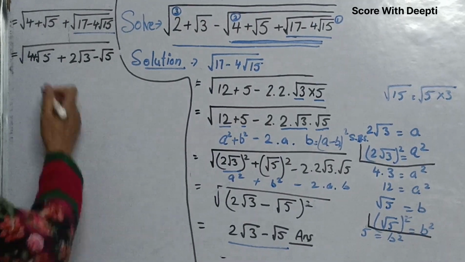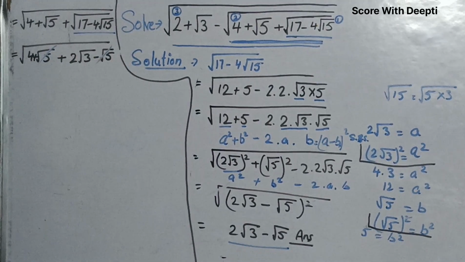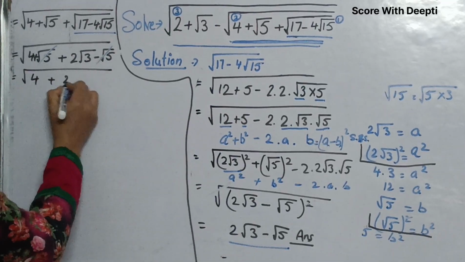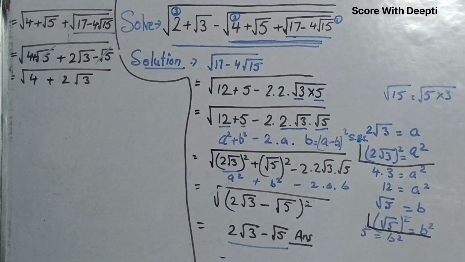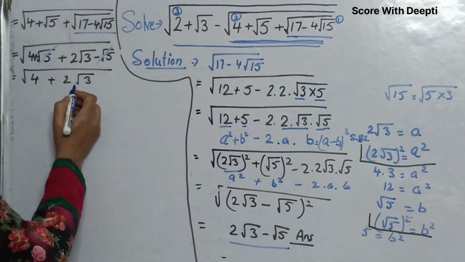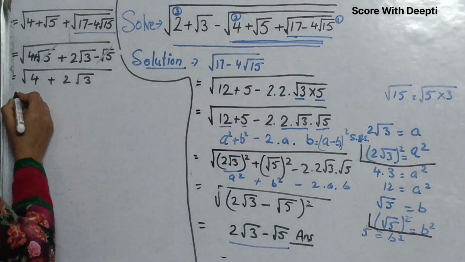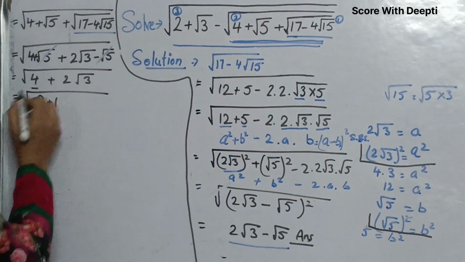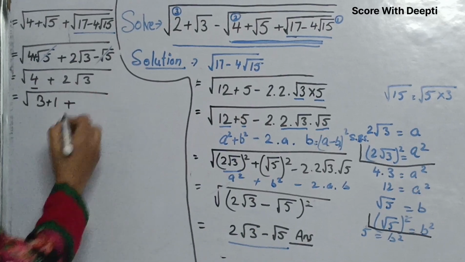Next we solve this, the square root 5 cancels, and we get square root of 4 plus 2 square root 3. Now we can write 4 as 3 plus 1.